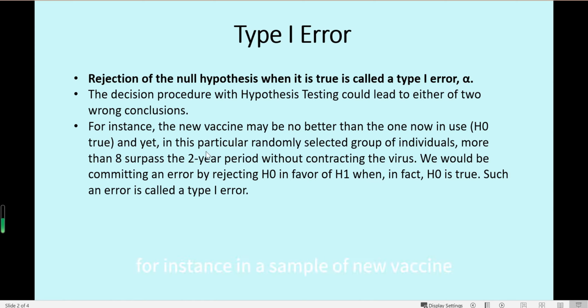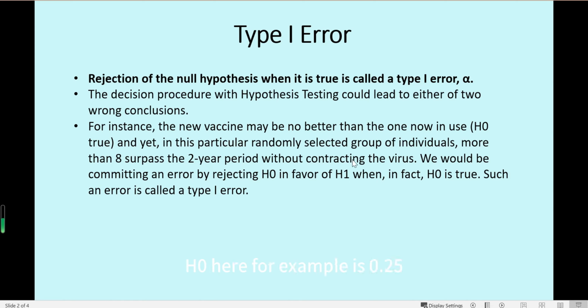For instance, in a sample of a new vaccine, if you get more than 8 positive from a 20 sample, then you will reject the H0 in favor of H1.